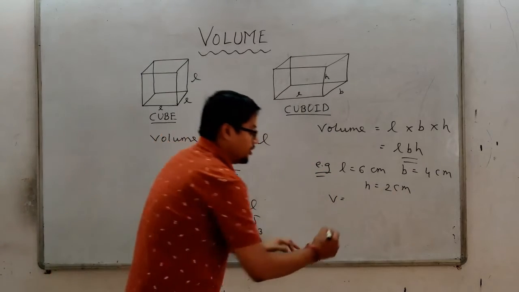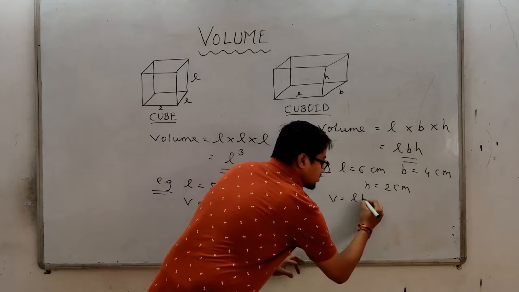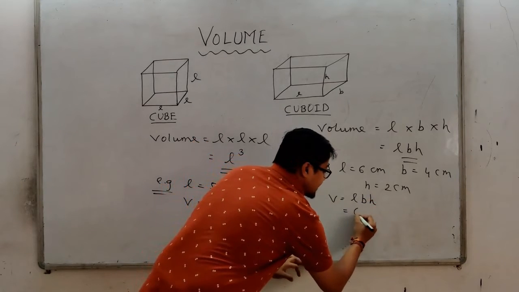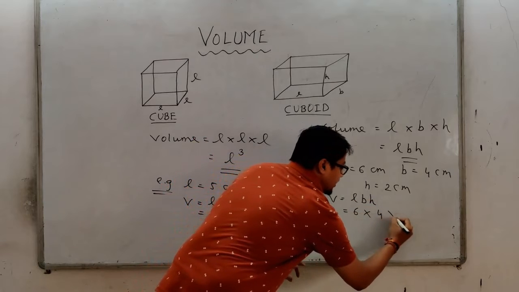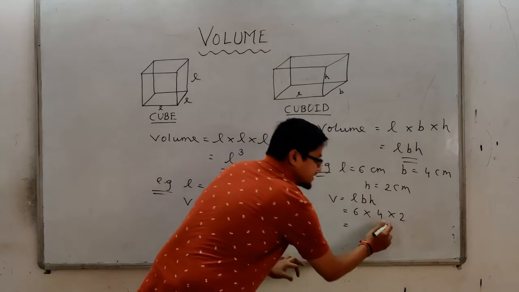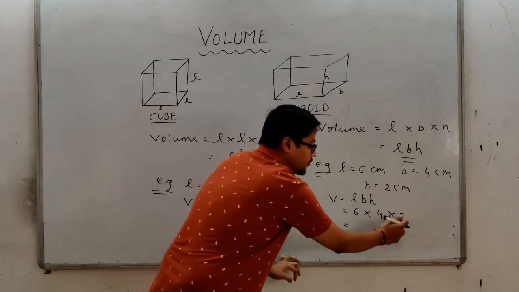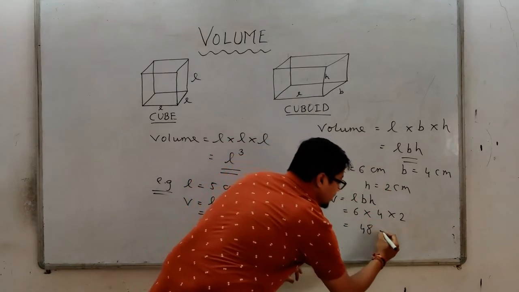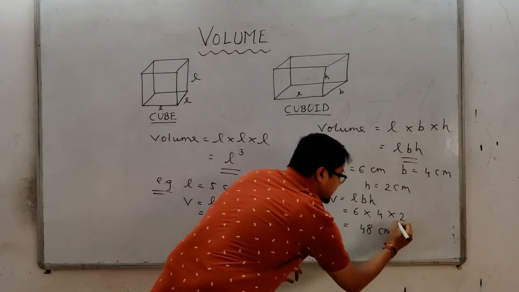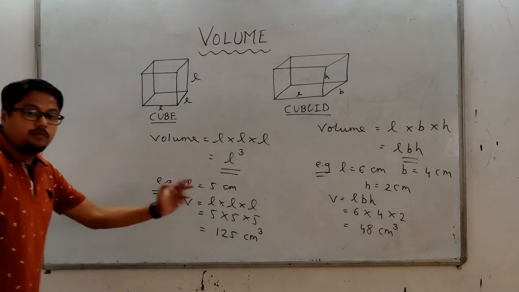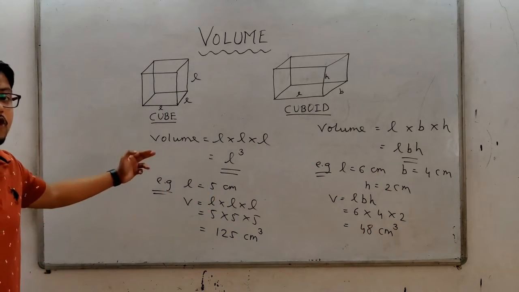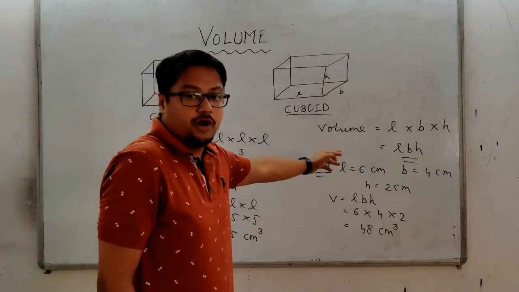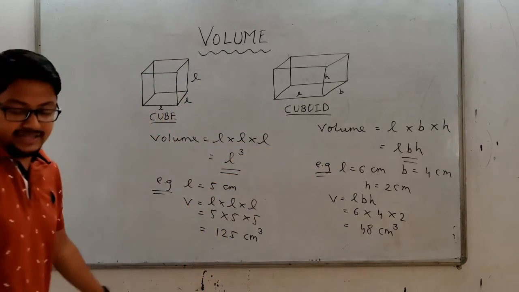As per the formula, volume is equal to L into B into H, that is 6 into 4 into 2. So, 6 4s are 24, 24 2s are 48, and because the unit is centimeter, volume will be 48 centimeter cube. So I hope you are all able to understand the formula of volume of cube, that is L cube, and the formula of volume of cuboid, that is L into B into H.